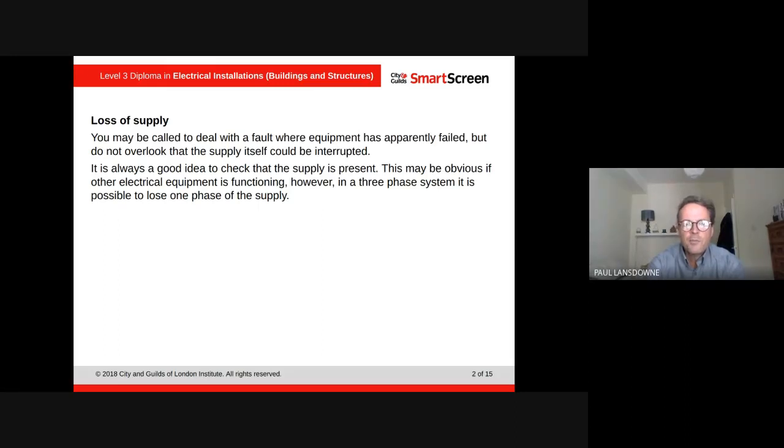And it could be as simple as that. That might not even be a fault. So before you start going into really extravagant, great detail, always check you've got a supply. It is sometimes the easiest to look for, and sometimes it's the easiest to rectify. So always look for loss of supply.